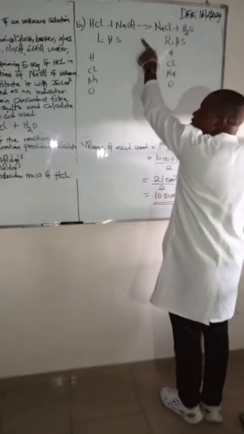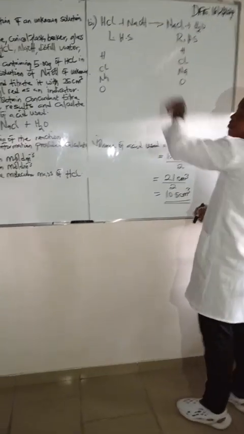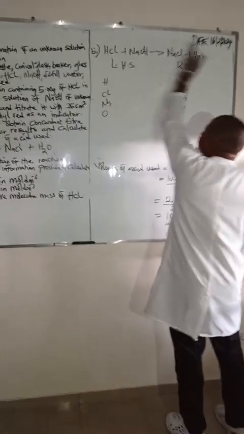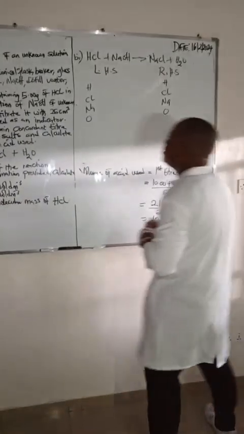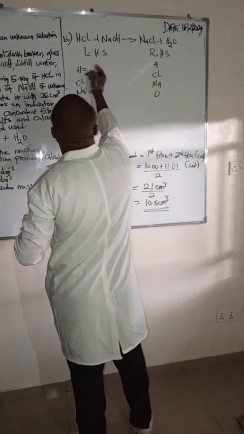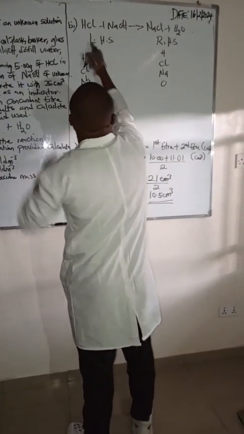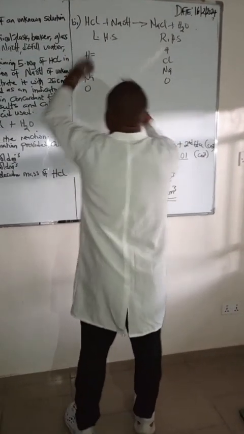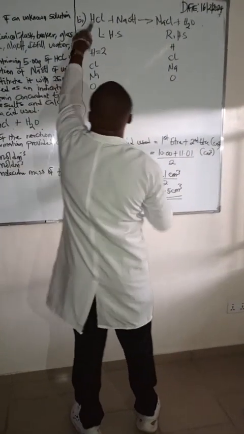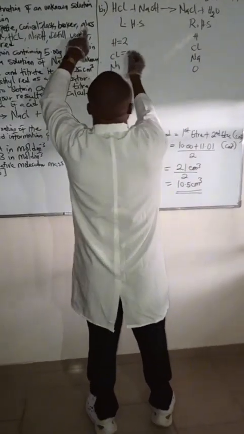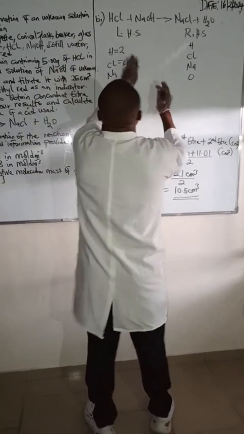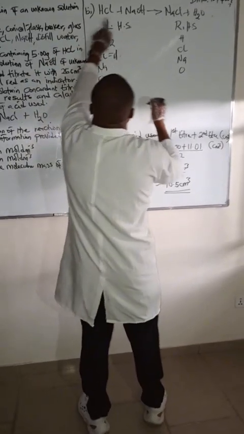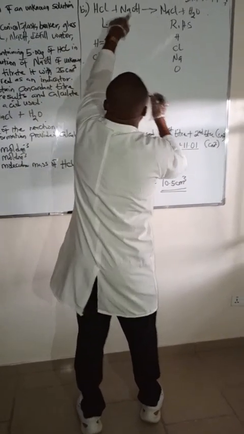This arrow means production arrow or yielding arrow. Now let's see if it is correct. On the left hand side, how many atoms of hydrogen do we have? 1 plus 1 is 2 atoms of hydrogen. Chlorine is 1 atom. Sodium is 1 atom.